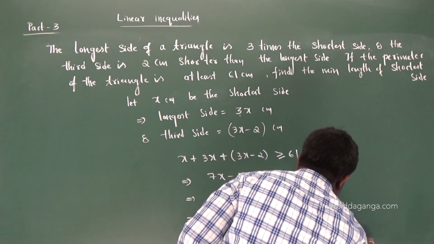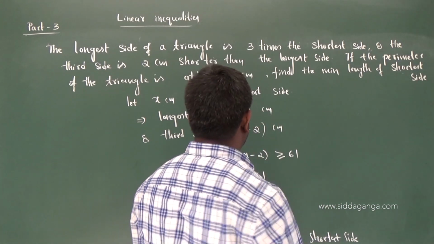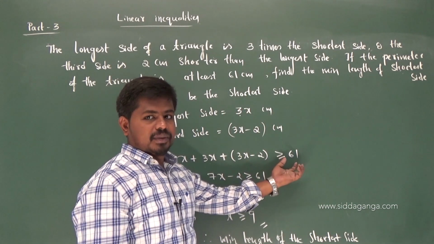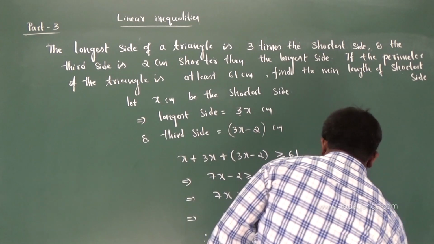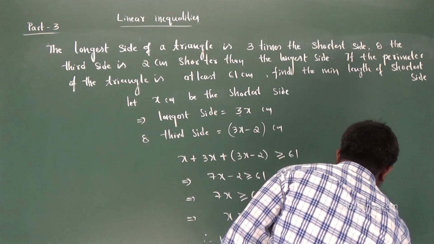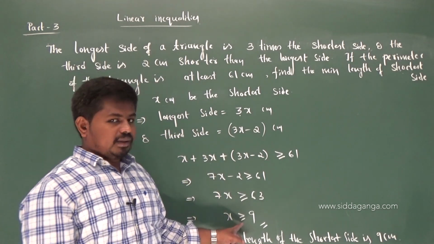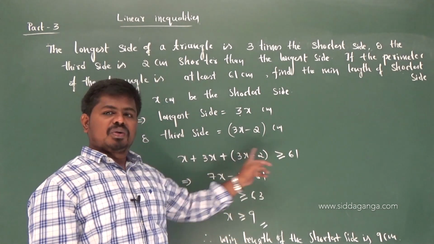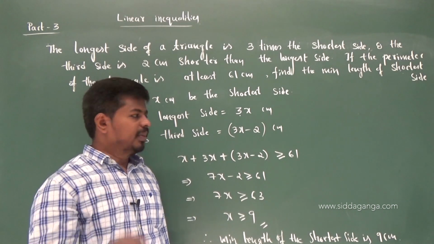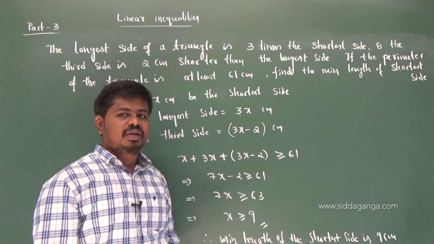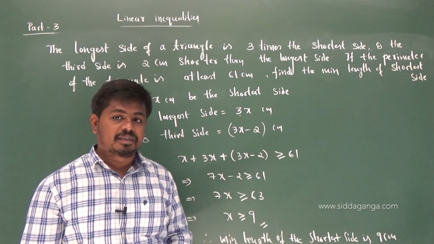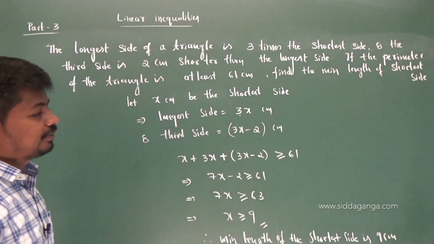When you take the shortest side as 9 centimeter, you get the minimum perimeter as 61. If you take more than 9, you get a perimeter more than 61. That's it. The minimum perimeter becomes 61 when x is equal to 9, I mean, the shortest side is 9 centimeter. Hope you got this, right?